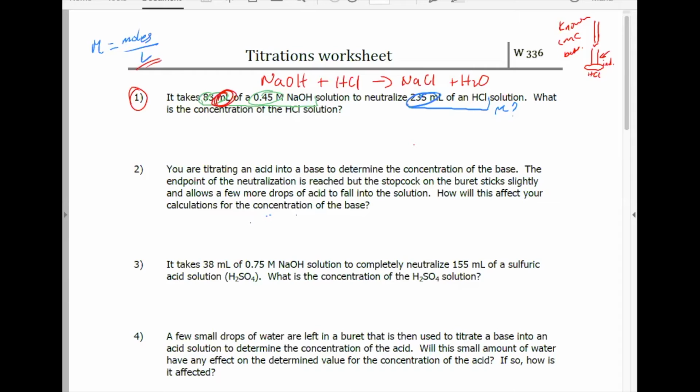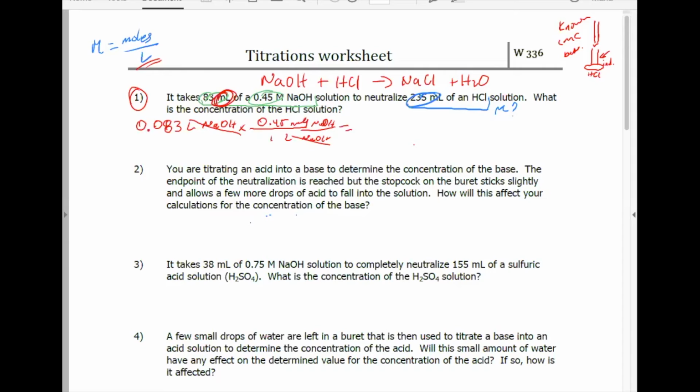So we're going to have 0.083 liters of NaOH, and we're going to multiply times the 0.45 moles per 1 liter of NaOH, so that we're able to cancel the liters.